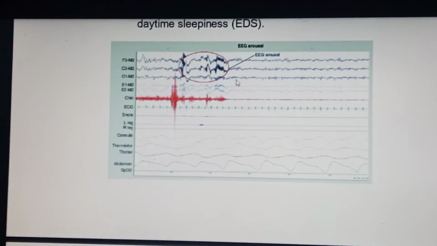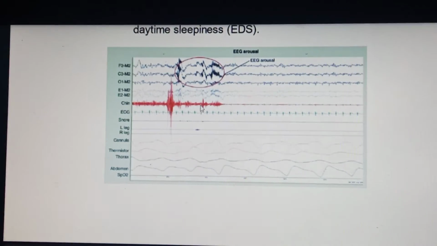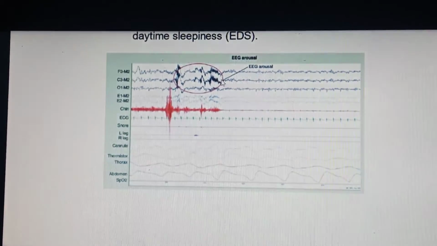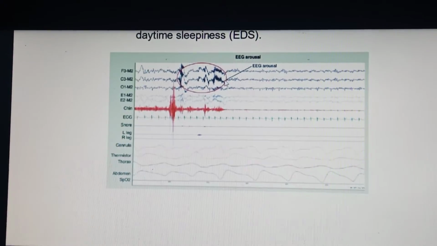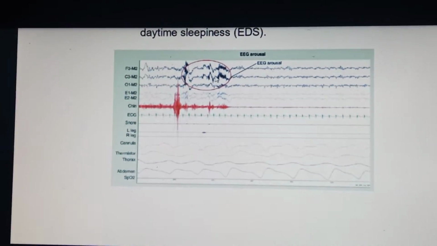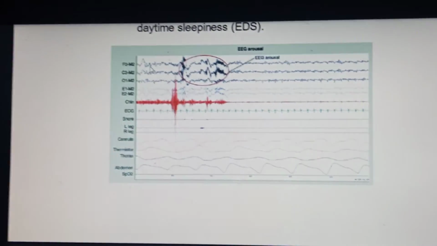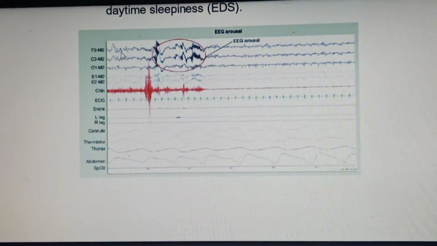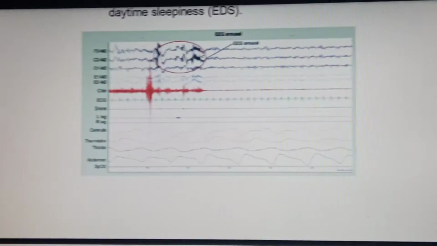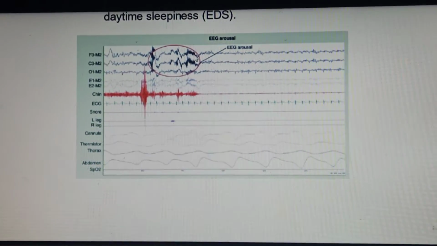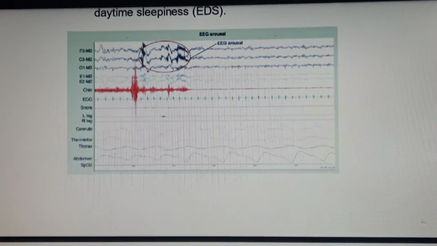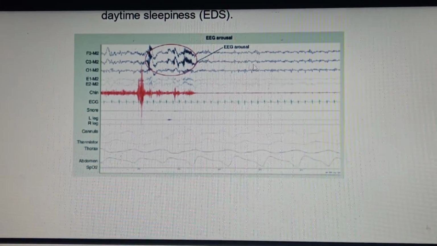Usually you will see a sudden abrupt shift in the EEG pattern for a minimum of 3 seconds to be scored as an EEG arousal. Look, this is the background pattern here, and you'll see the sudden change in the EEG pattern here. Then after that, the patient became sleepy again.